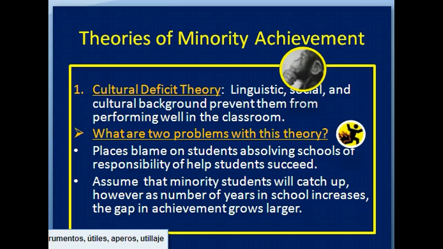And as a teacher, can you influence cultural capital? What is cultural capital? Does the cultural deficit theory provide an excuse for failing students? On this slide, see the two problems or issues that are related to this theory called cultural deficit theory. And see page 35 in your text for more information relative to this theory.